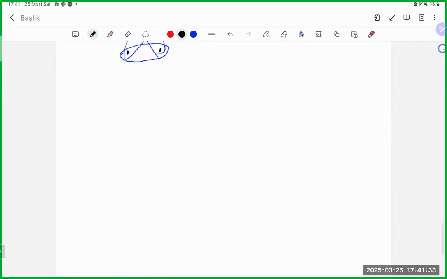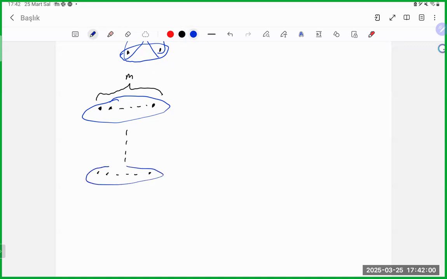So I will give another example, a Bell scenario for one party. So let's say there are some vertices and there are k edges.